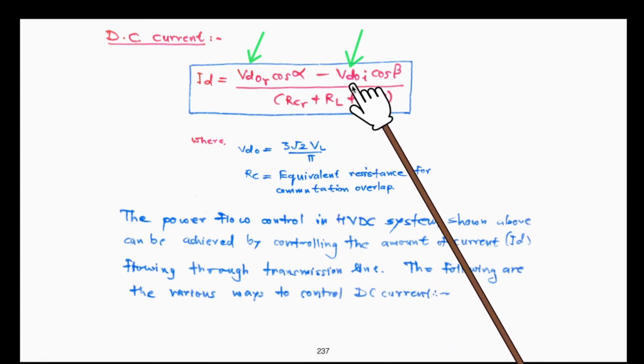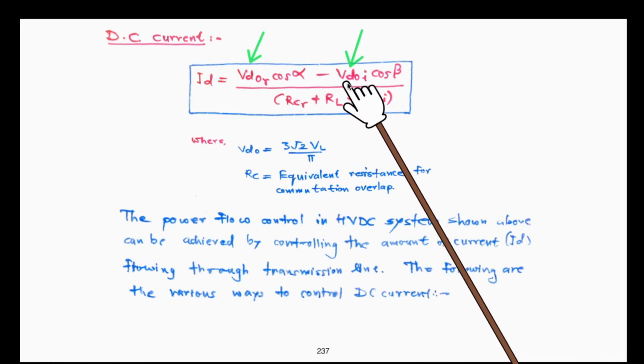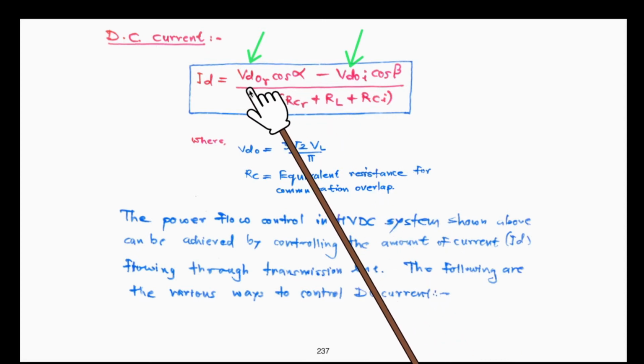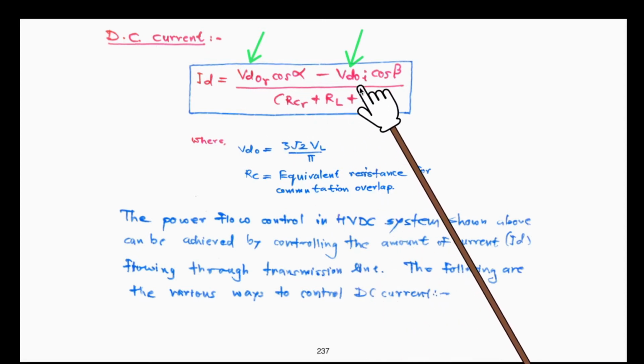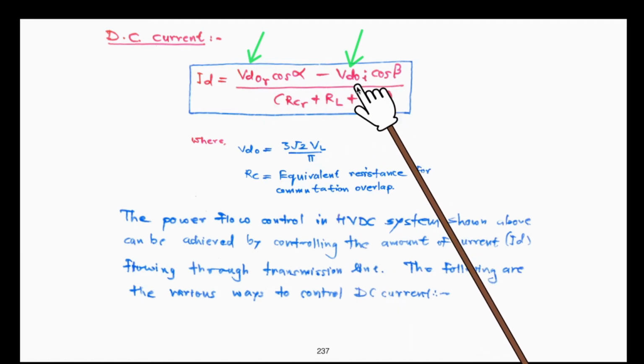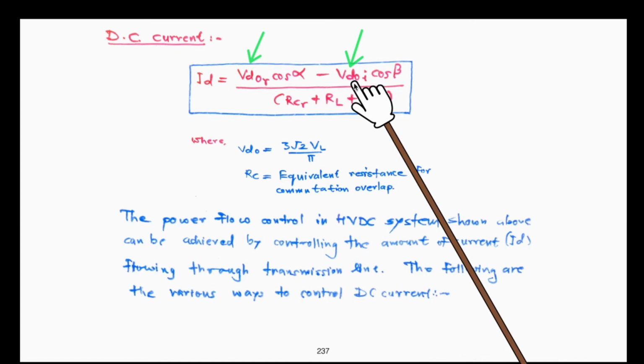Tap ratio is a mechanical arrangement wherein the taps are selected by motor control, and it has a certain finite time of response. It takes some time. The time response is slow. These methods are slow and they have a limited control range.